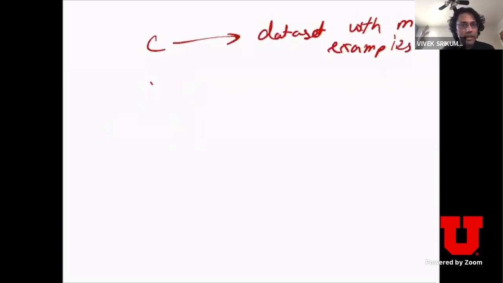Going back to the proof of the first theorem that we saw, Occam's razor, we define bad to be a classifier that is perfect on a training set and yet has high generalization error. And the entire proof of the theorem was asking, what's the probability that there exists some hypothesis that's bad?